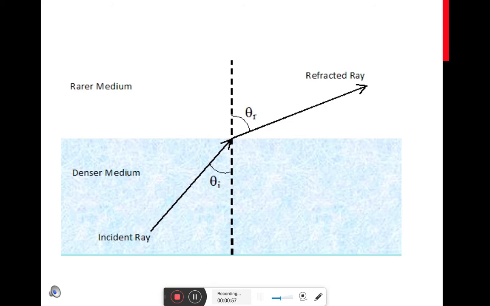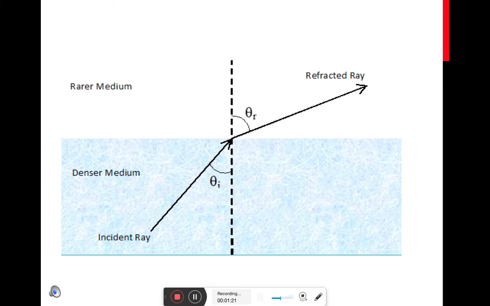As you've learned in your previous classes, you might be familiar with the term. Refractive index is a dimensionless quantity which governs a ray of light through a medium. A higher refractive index means a denser medium, and a lower refractive index means a rarer medium.